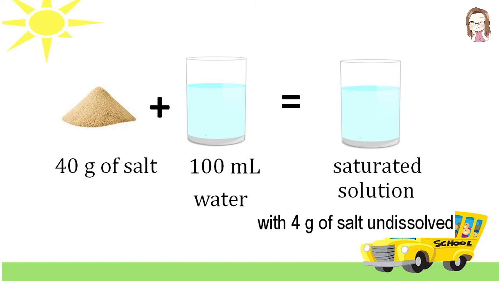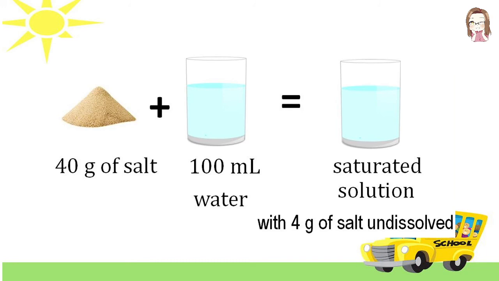Bakit po saturated solution yung mabubuo natin? Kung kanina, sa unang example, kulang, di ba? Kulang yung salt na inilagay natin. So, this time naman, sobra naman. Diba? Kasi 36 grams lang eh. 36 grams of salt lang ang kayang matunaw in 100 ml of water at 20 degrees Celsius.